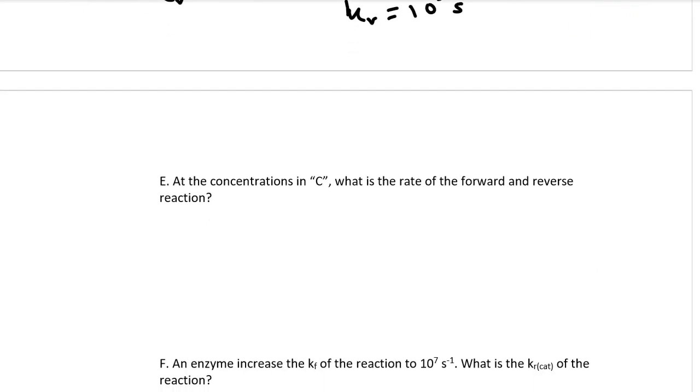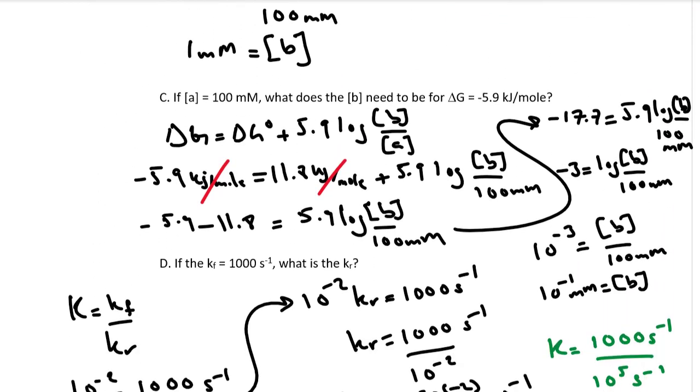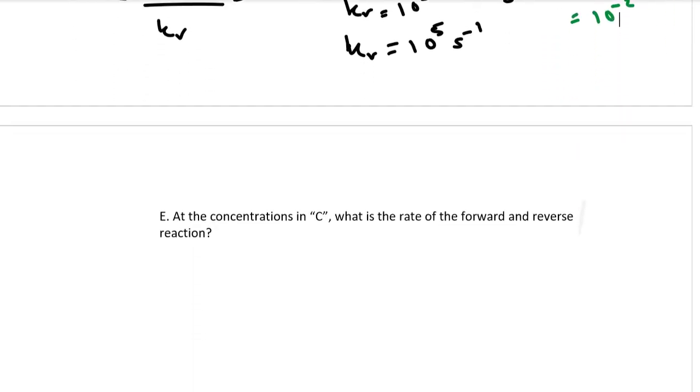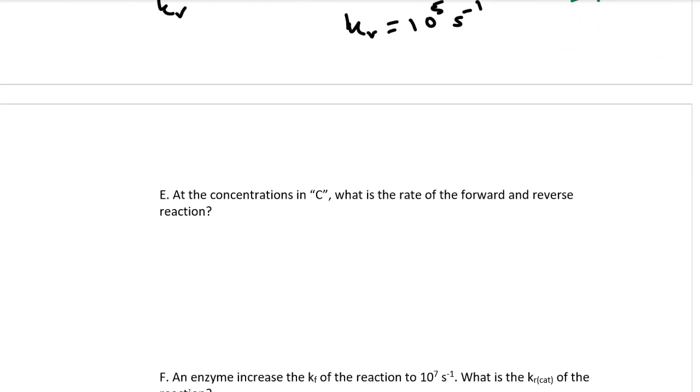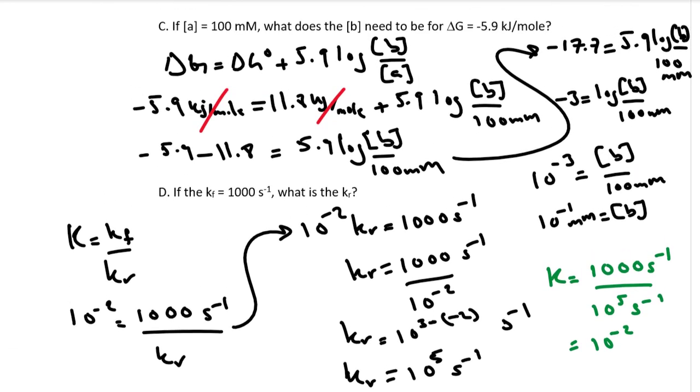At the concentration in C, what is the rate of the forward and reverse reaction? So what is the concentration in C? In C, we have A equals 100 millimolarity. So let's write that down. A equals 100 millimolarity. And B equals, what do we have for B?